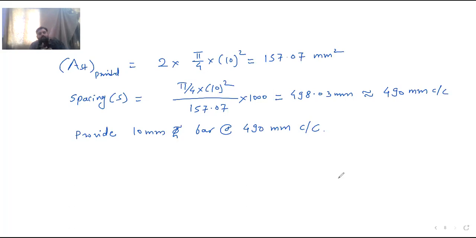Okay, now this vertical wall is supported on the base slab. For that base slab, some standard design steel is always to be provided.